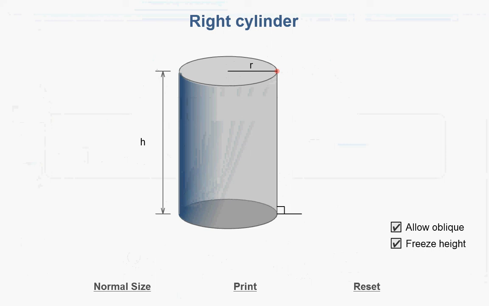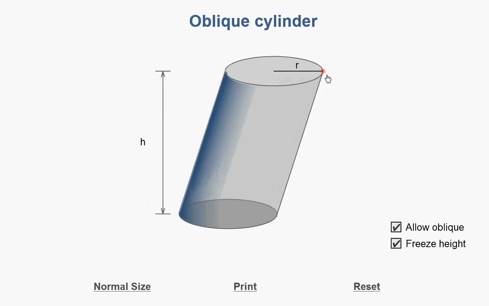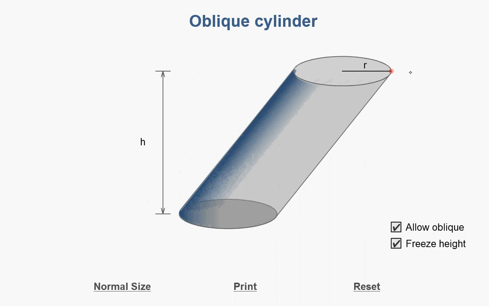Notice that the height and the base are at a right angle. If I drag this over sideways, notice if I were to drop down, the side of the cylinder is no longer at a right angle here. That makes it oblique. Oblique means sideways or at a diagonal.